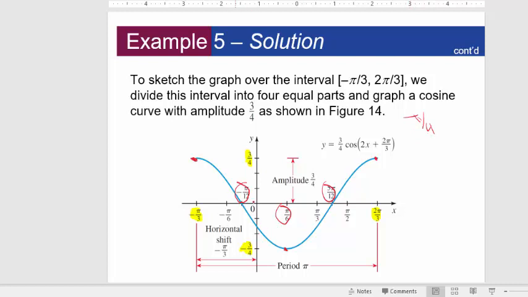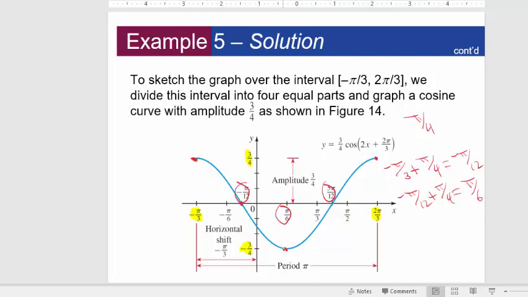And how do you get negative pi over 12? Well, negative pi over 12 is negative pi over 3 plus pi over 4. That's going to equal negative pi over 12. And that's where it gets down to 0. All right? And then from negative pi over 12, if you go another pi over 4 to the right, that's going to bring you to 2 pi over 12, which is pi over 6.